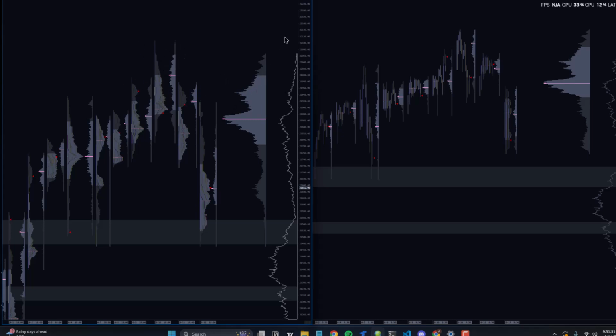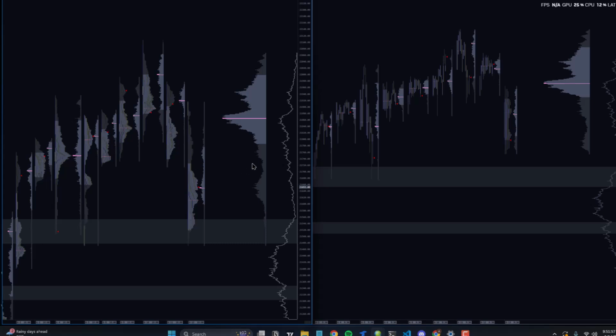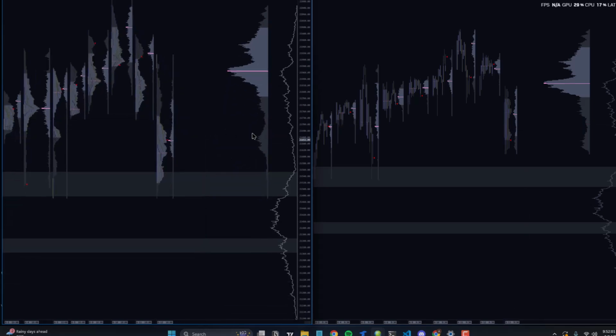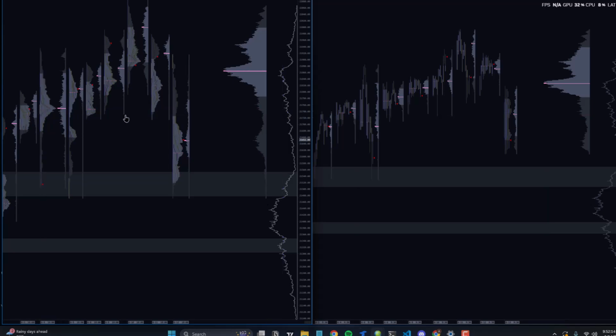I think we'd run through this if we accepted higher. I don't think I'd try to short that. But we do have this. I think what I'm thinking right now is we could start to build or accept more into this area and create and build more of an LVN here where we had support and resistance in this point of control. So that's kind of my idea.